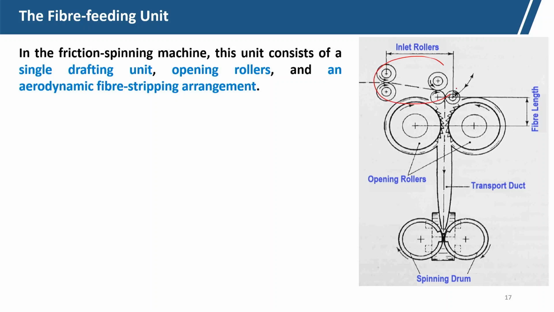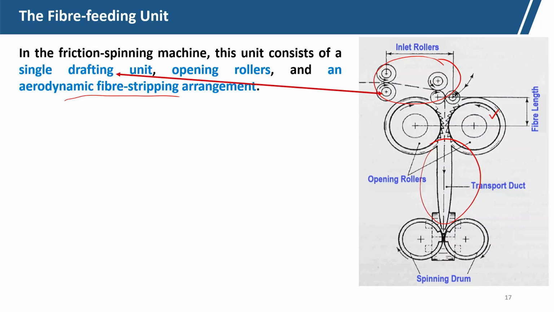Here is a single drafting unit, inlet rollers, which provide a small draft, not for the reduction of linear density, it is basically for straightening of fibers and a little bit of hook removal. Then it comes to the opening roller, a pair of opening rollers, and an aerodynamic fiber stripping arrangement. This is the aerodynamic fiber stripping arrangement. Now, this is the total fiber feed zone.